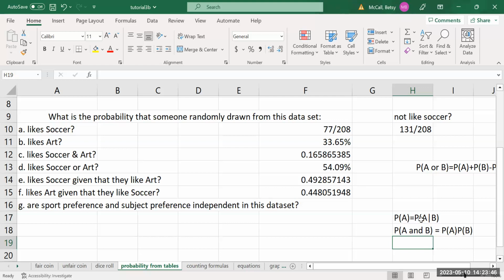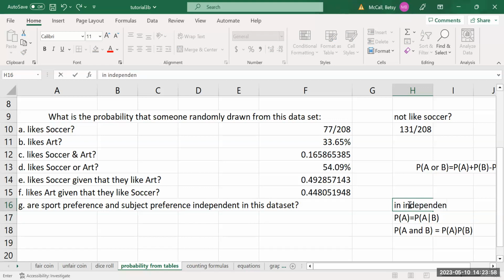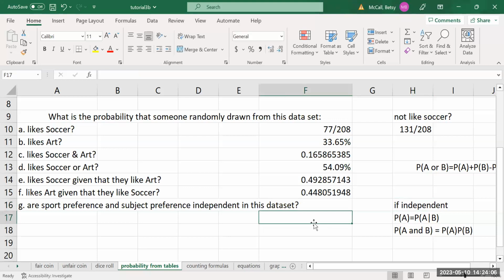Now, the way that I've set up these questions, I've set them up particularly to test this first condition, the probability of A versus the probability of A given B. So we can just look at our table. Let's look at the probability of A. Let's say the probability of art, since that's easy to convert back and forth in our head to a decimal.